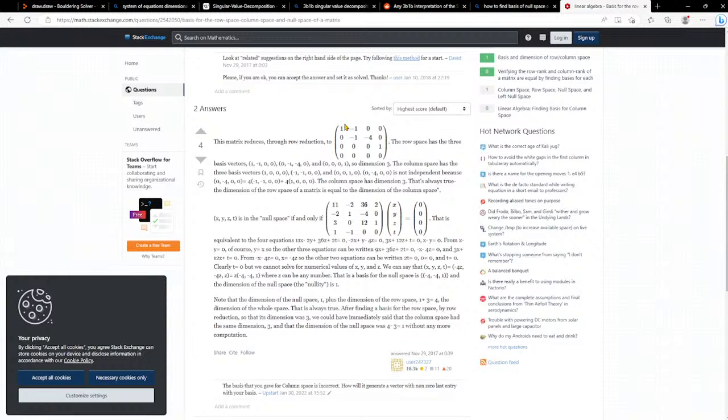The column space has the basis blah blah and blah.